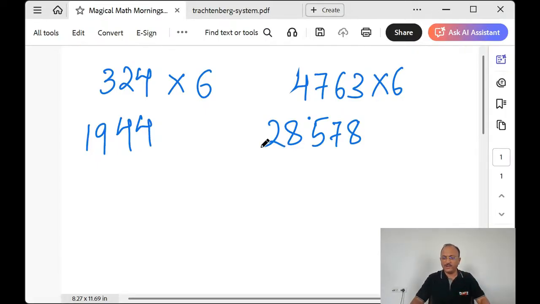For typing, you are taking some time, correct? Because the first number is odd, for an odd number, what I said, we have to add 5. 3 plus 5 is 8, it will come.